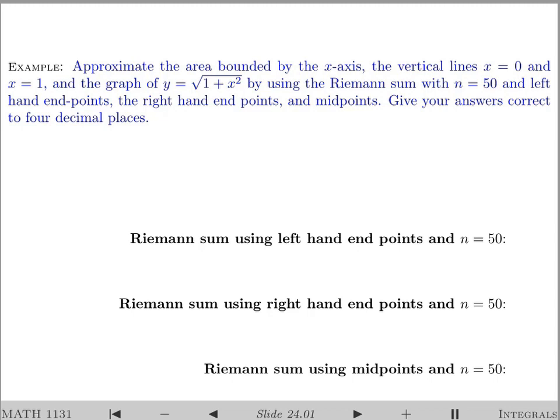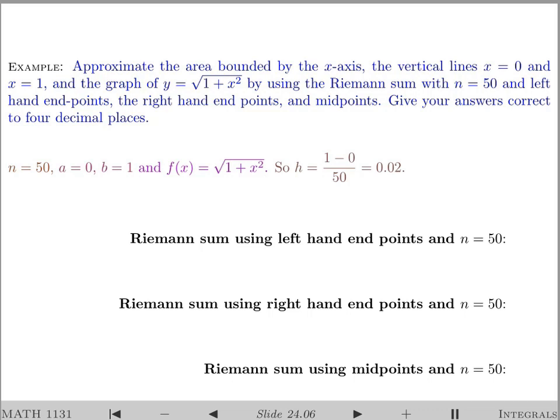Let's again write down the basic things we need. We are going to use 50 subintervals, so n is 50. For the whole interval, the left-hand endpoint a is 0, the right-hand endpoint b is 1, the function giving the top is square root of 1 plus x squared, and the step size is (b minus a) over n, (1 minus 0) over 50, which is 0.02.